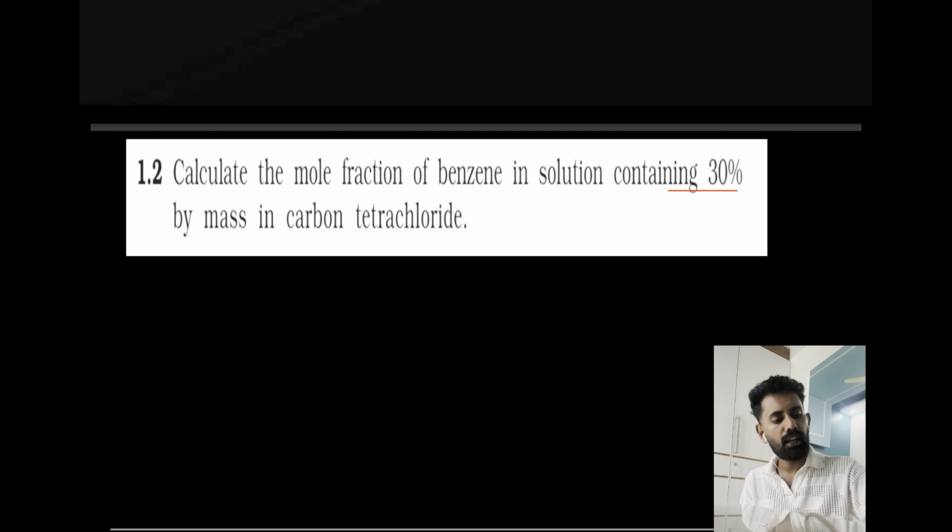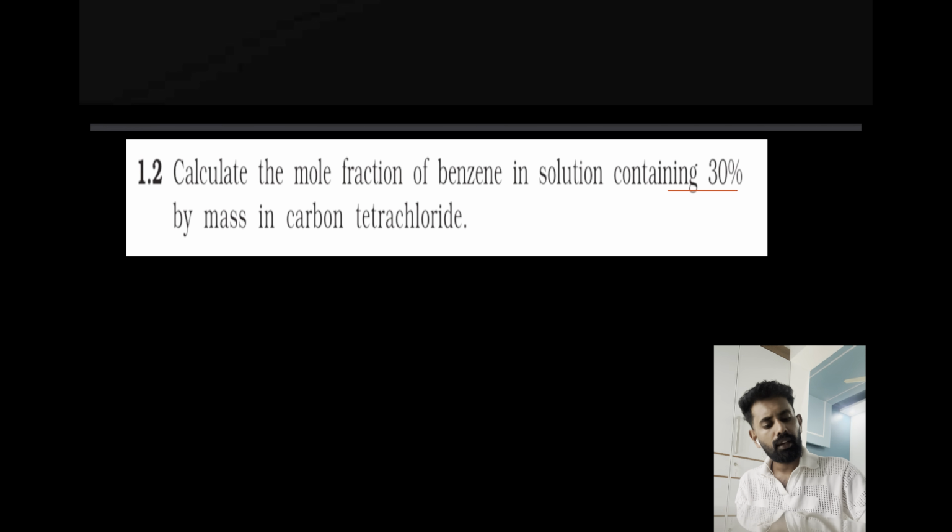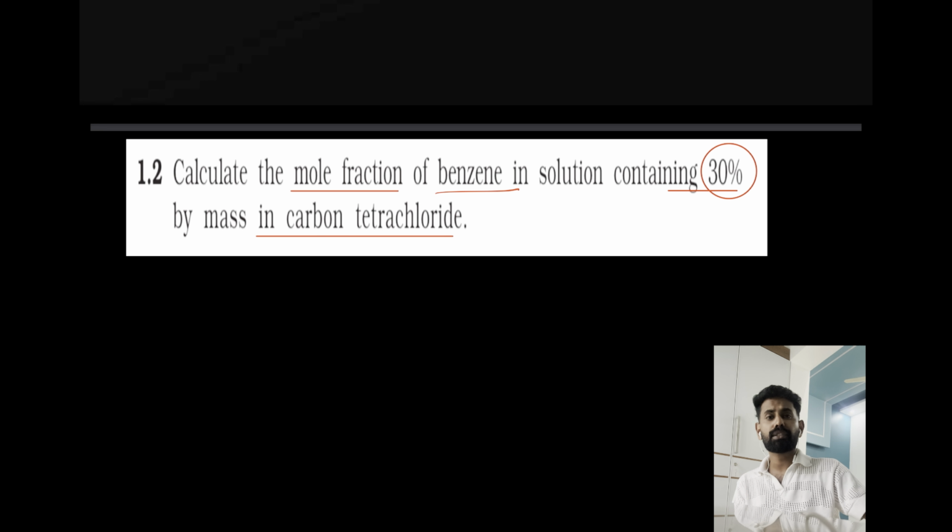So now let's move to the next question. Here the question is: calculate the mole fraction of benzene in solution containing 30% by mass in carbon tetrachloride. Okay. So it means mass percentage of solution is 30%.